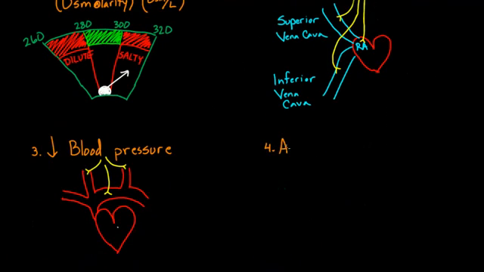Angiotensin II. So you remember angiotensin II is actually part of the whole RAS system. This is part of the RAS system, the renin, angiotensin, I'll just write AT, aldosterone system. And so angiotensin II is actually going to be another trigger.